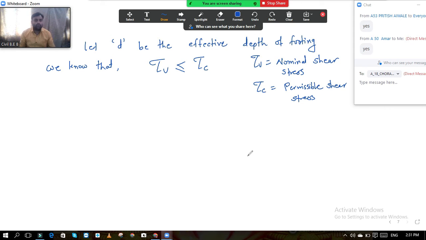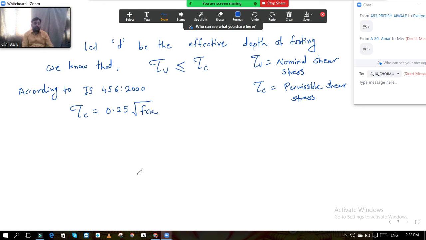Okay, so tau v and tau c I have written over here. According to IS 456-2000, tau c for footing is calculated as 0.25 under root fck.